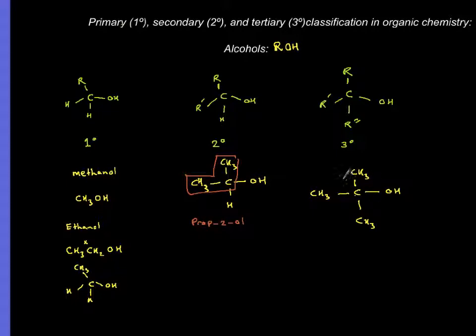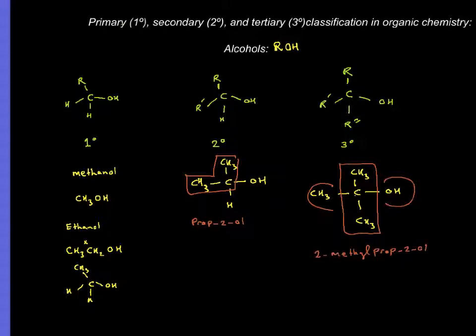How do you name it? Then again, the longest continuous carbon skeleton is this, and you have a methyl group, and you have your important functional group hydroxyl. So this is a case of 2-methylpropan-2-ol. So that's an example of tertiary, secondary, primary for alcohol.